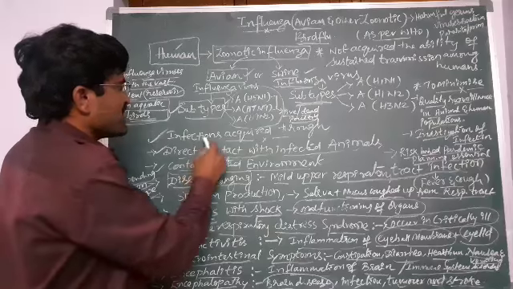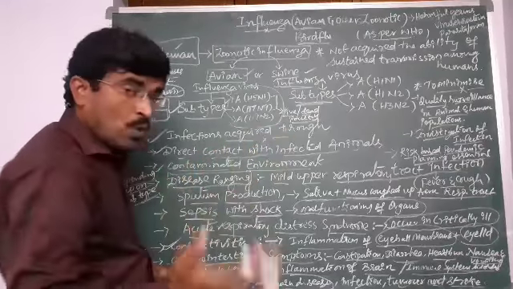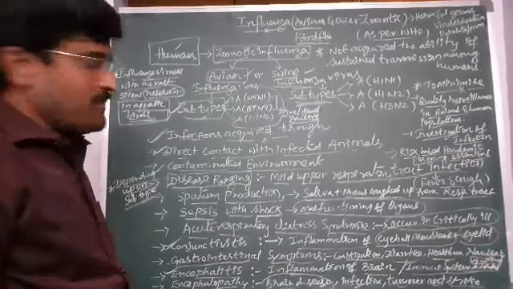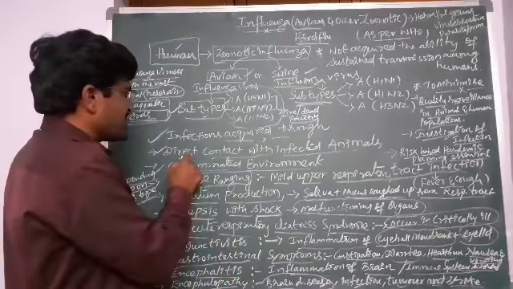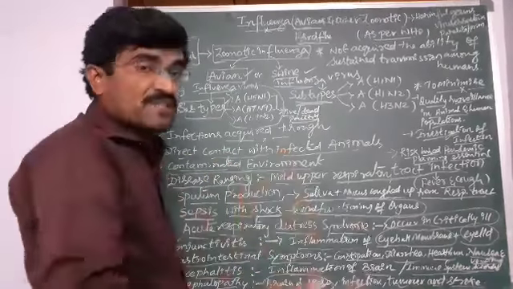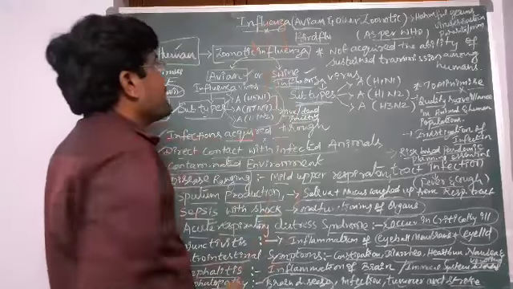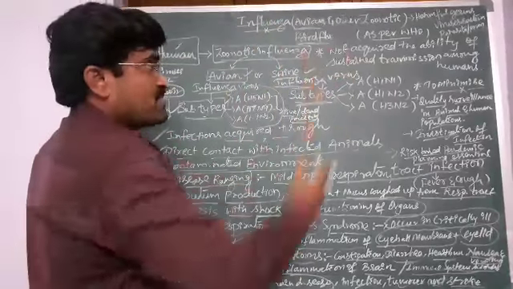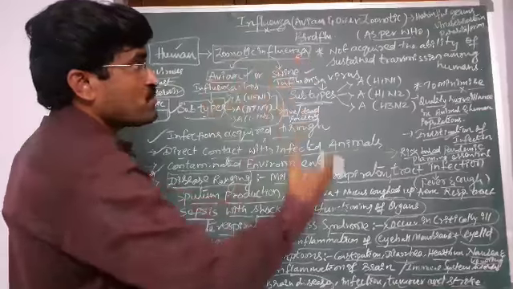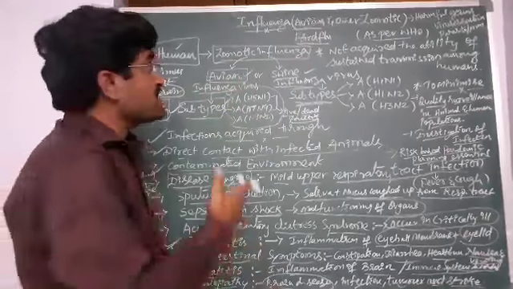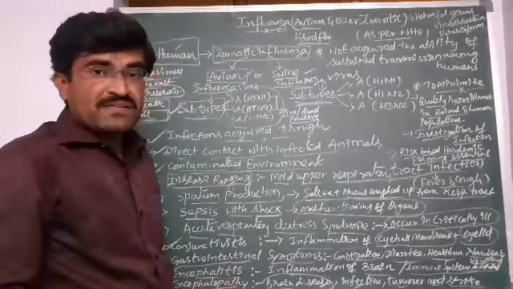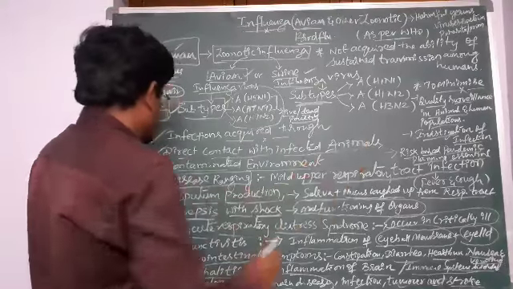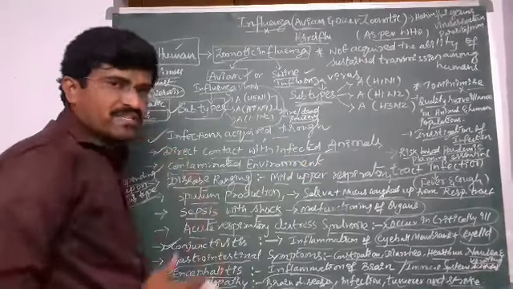So how is the infection acquired? Number one is direct contact with infected animals, already infected by the avian influenza virus or zoonotic viruses or germs, whatever they may be, whether viruses, bacteria, parasites, or prions. Here we are talking about the influenza virus or avian virus. So direct contact with infected animals, and the contaminated environment.